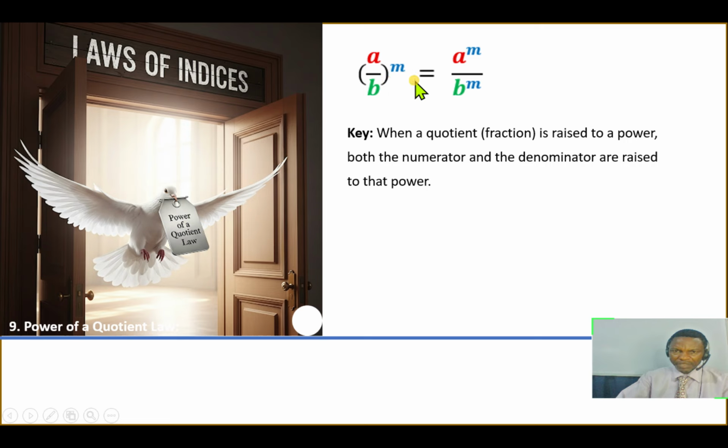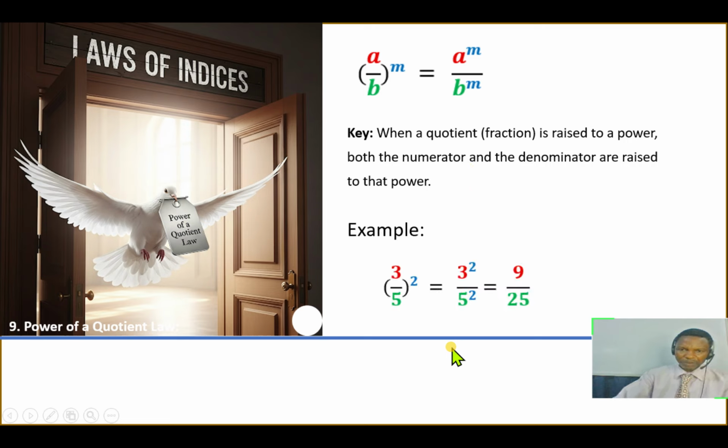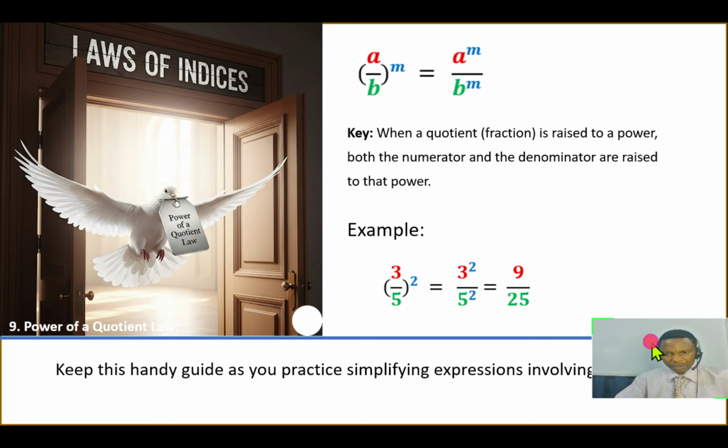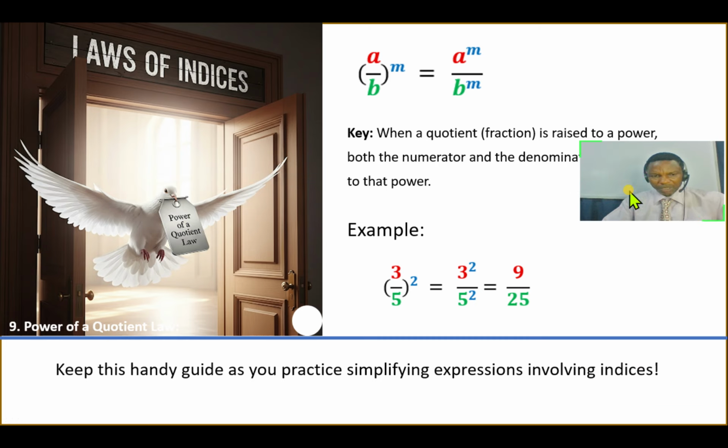So (a over b) all raised to power m is the same thing as a raised to power m divided by b raised to power m. So let's look at an example. So (3 over 5) all squared, that is 3 squared divided by 5 squared. 3 squared is 3 times 3, which is 9, and then 5 squared is 5 times 5, which is 25.